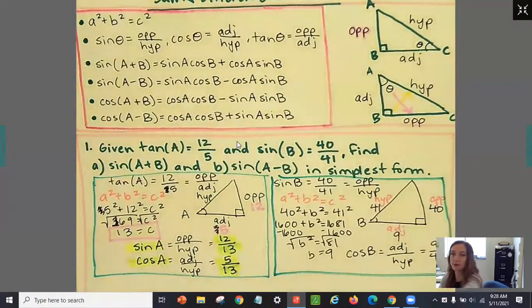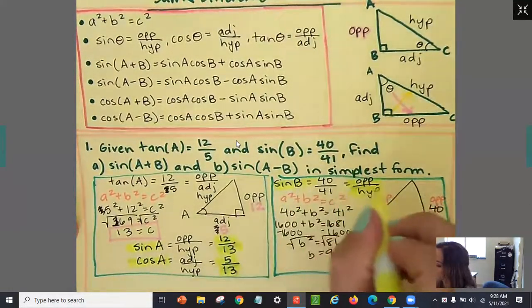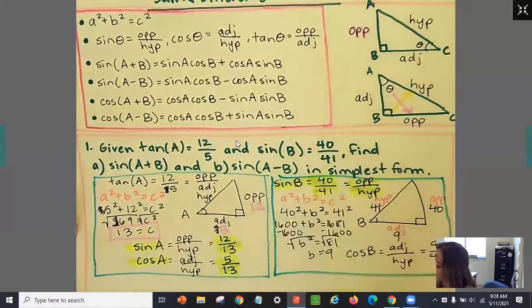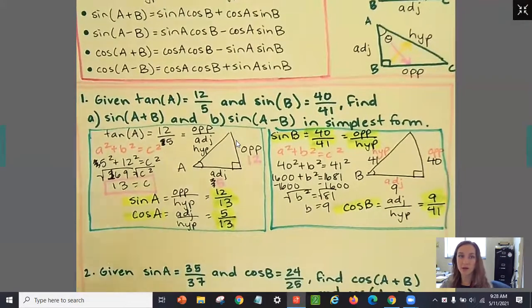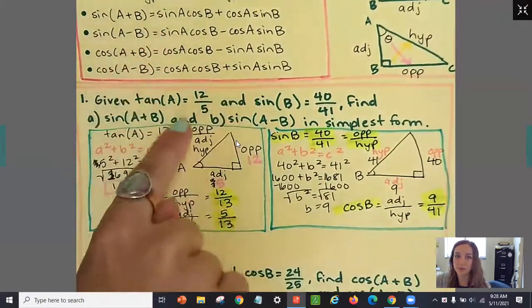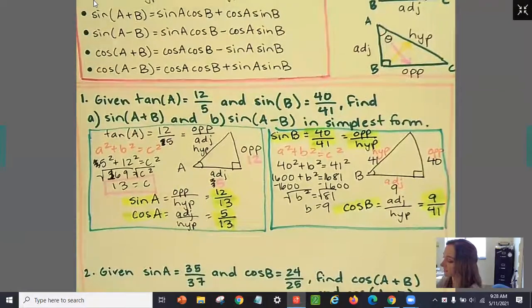Just remember these values that we got. We're going to first start out with the sine of a plus b, because that's what part A is asking for.